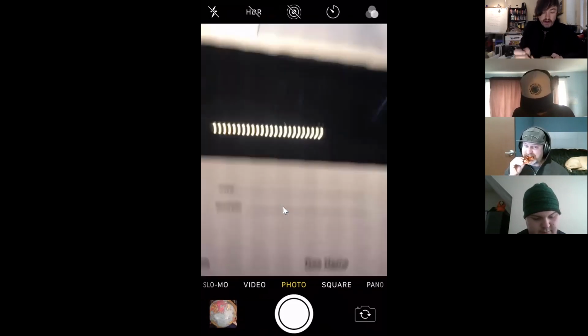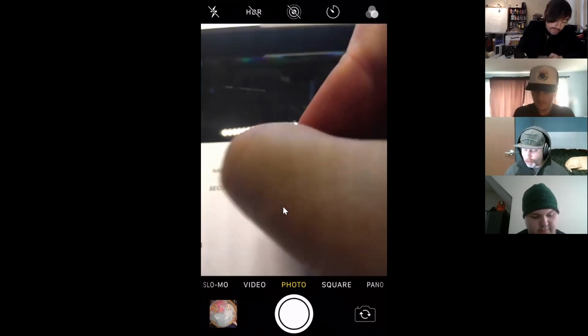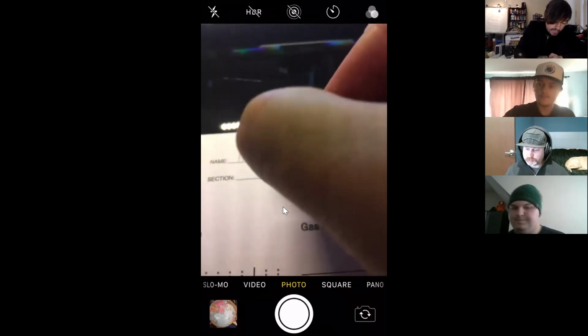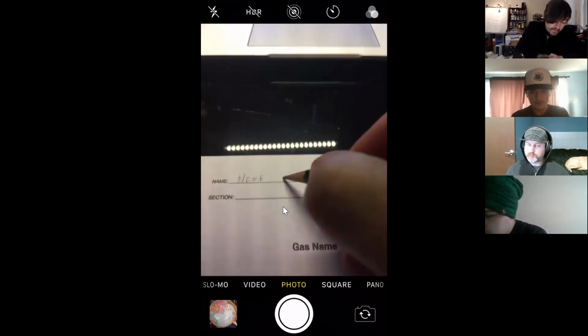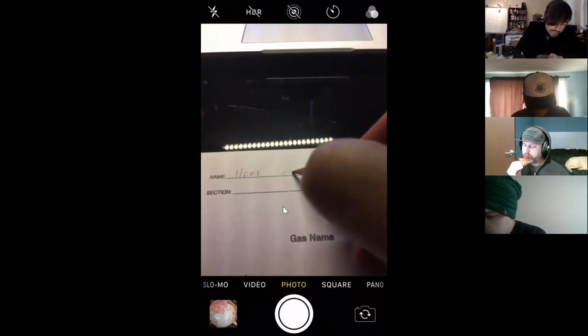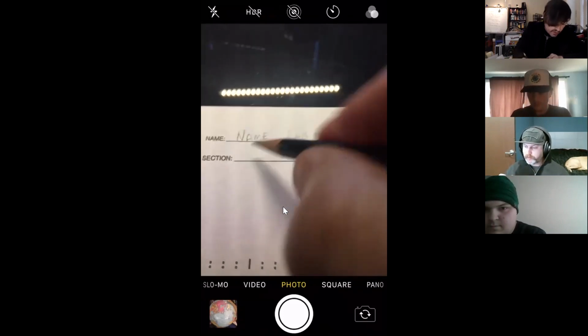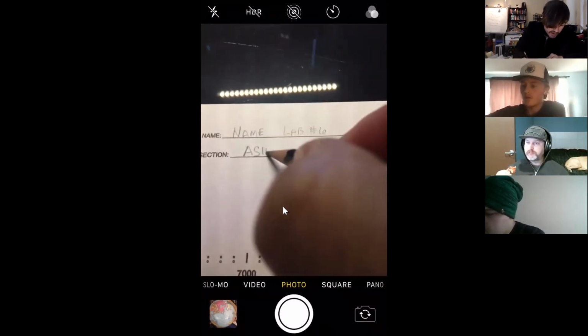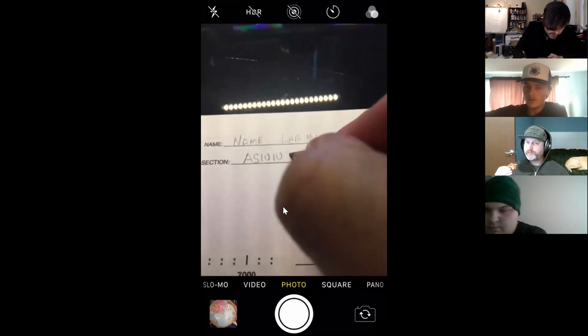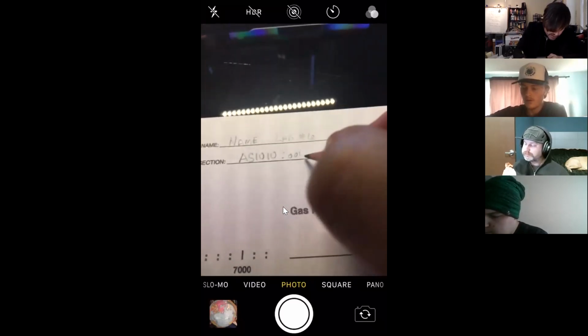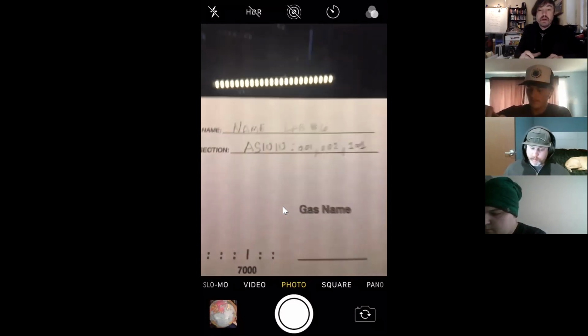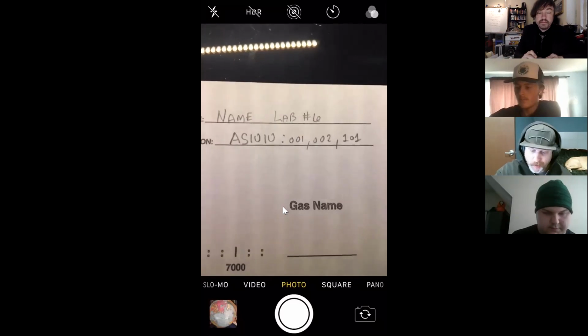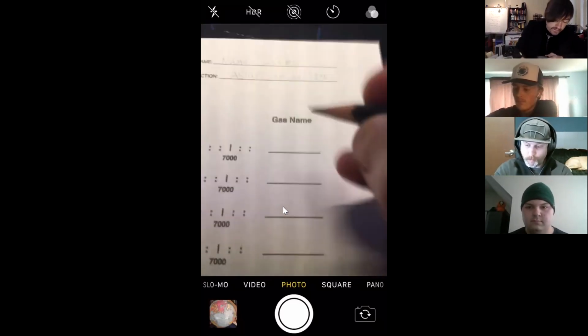Let's, of course, put our name up at the top. This is Lab 6. And of course, you are AS1010. Don't forget to put your section there, whatever it is. Let's write down the gas names that we'd like to look at.